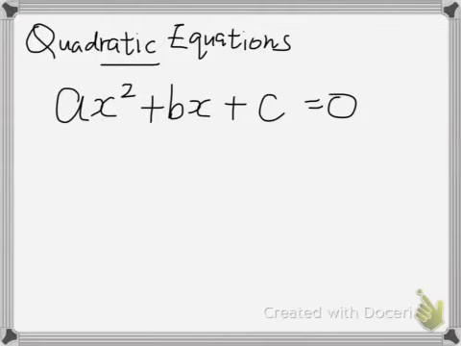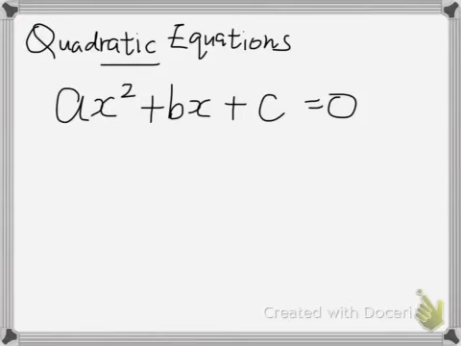Now, please understand the difference between that a, that b, that c, and x. x is the variable. And what are a, b, and c? They are just numbers. They are constants. They are not variables. For a particular equation, a, b, and c do not change, but x changes all the time.